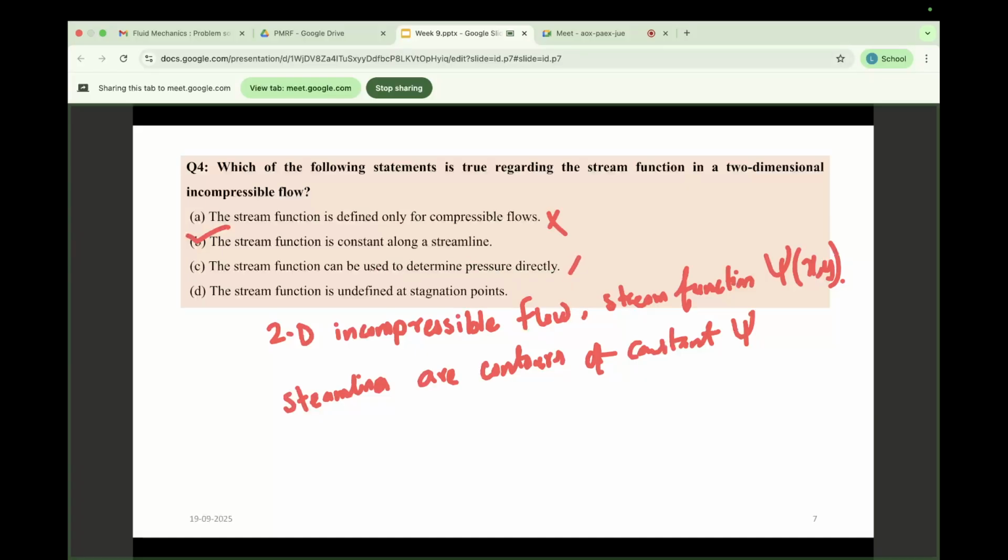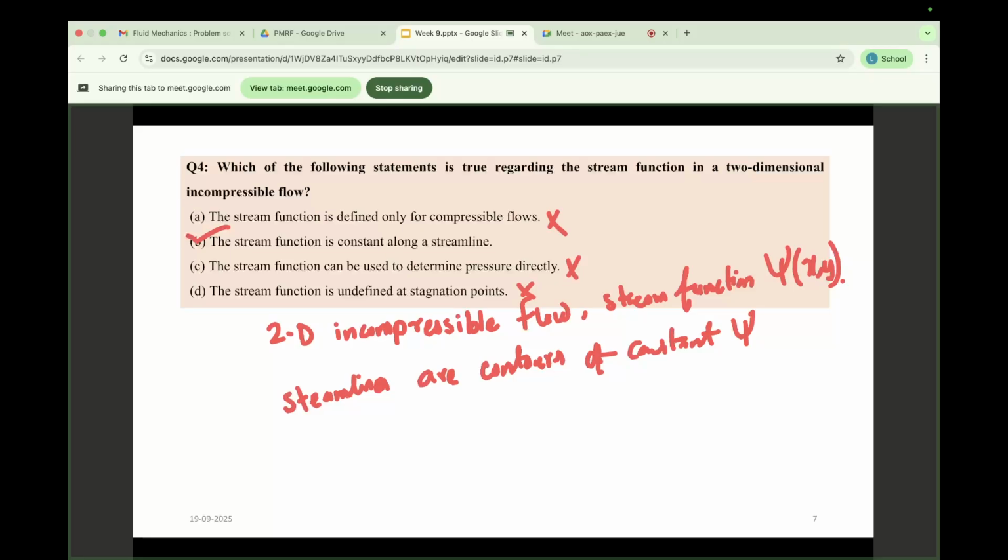So it will not help us determine the pressure directly. The streamline is undefined at a stagnation point. No, it is defined at a stagnation point. Why? Because it is a constant psi, so at any point you will find this value of the streamline is a constant. So that is also not a correct option. That's why option B is the correct option here.